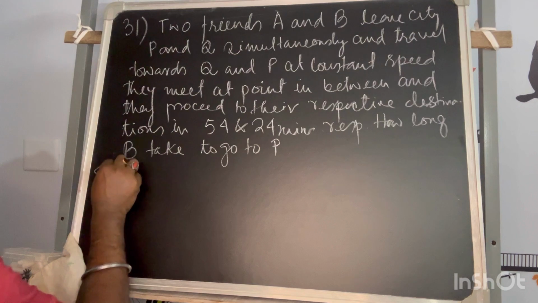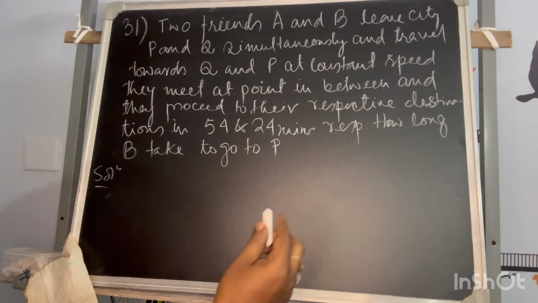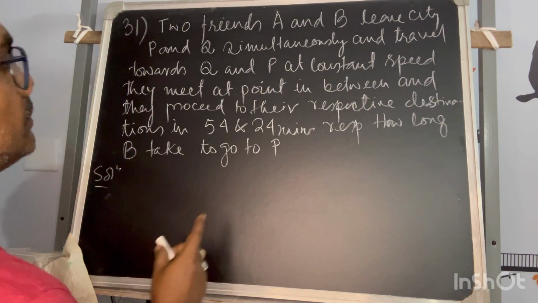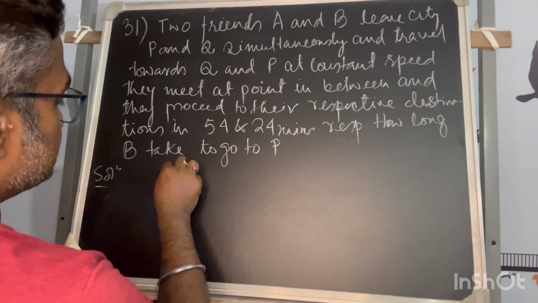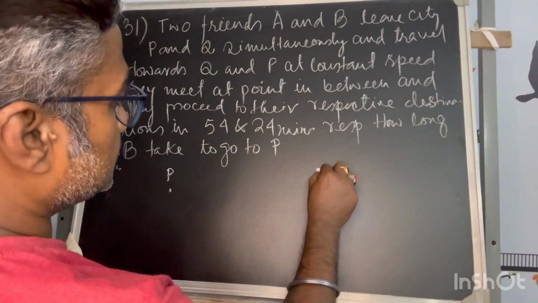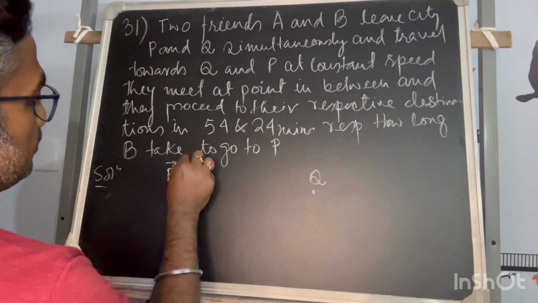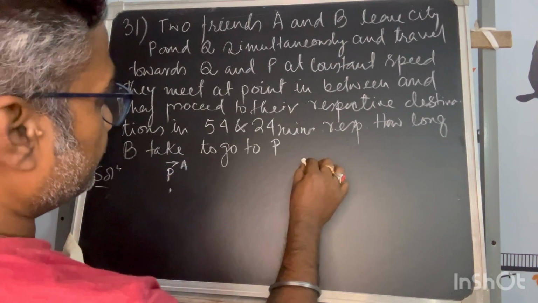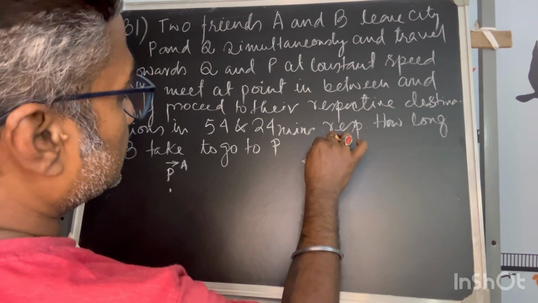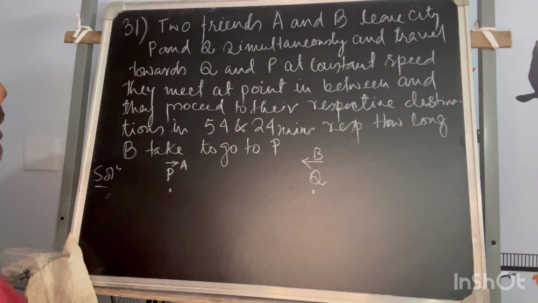So solution: two friends A and B leave city P and Q. Let's say this is city P, this is Q. A is leaving from P, the other, B, leaving from Q simultaneously.